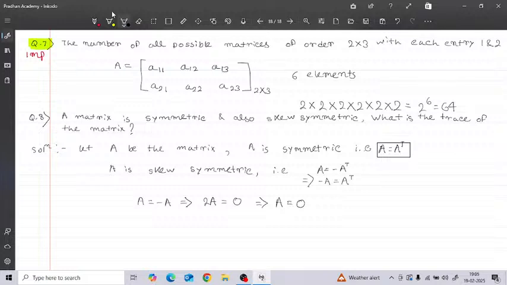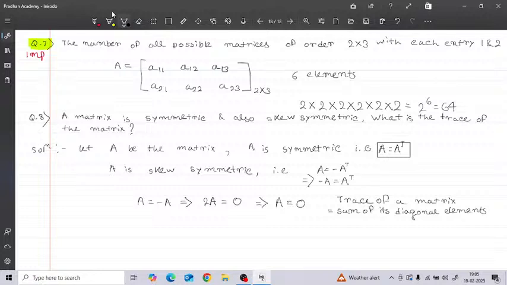Our question is not finished yet. It is asking what is the trace of the matrix. Now what is trace? The trace of a matrix is nothing but the sum of its diagonal elements.